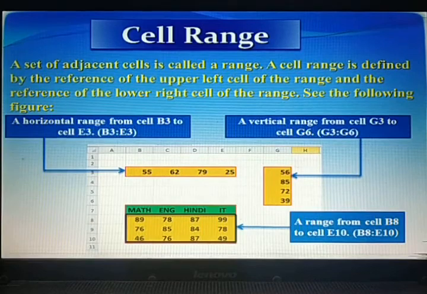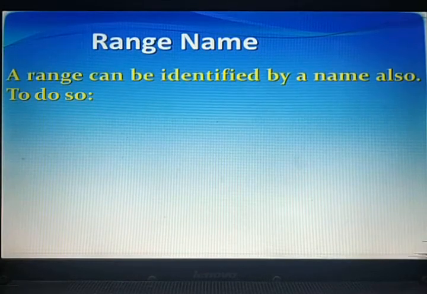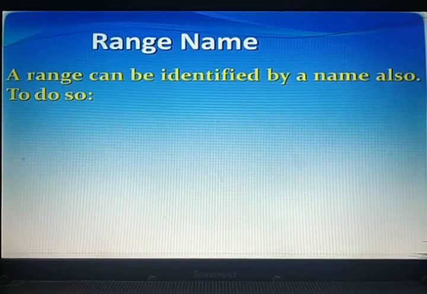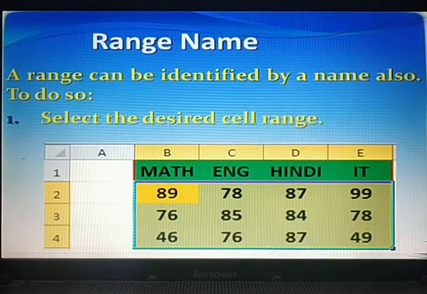We can also give a name to a cell range. A range can be identified by a name also. To do so, first of all, select the desired cell range. Here we have selected from B2 to E4.